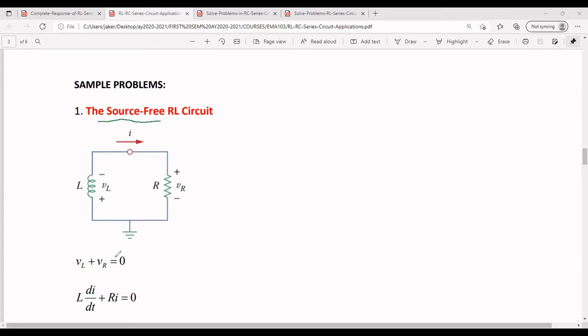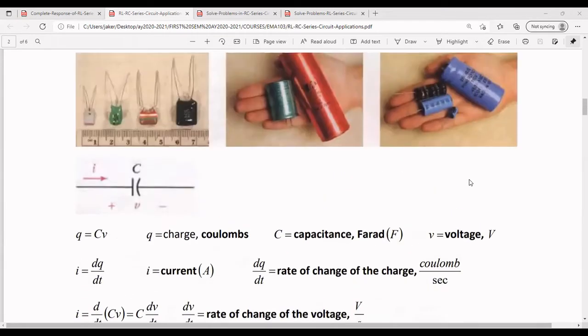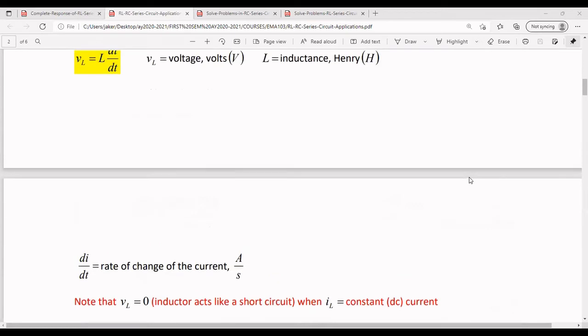I think I have an example wherein it's not source-free. In this case, this is our main equation. As to the model differential equation, a while ago I shared that the voltage drop across your inductor is given by the product of its inductance and the rate of change of current with respect to time, so L di/dt.